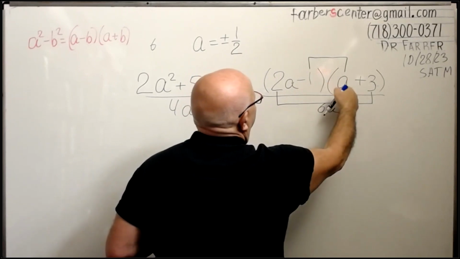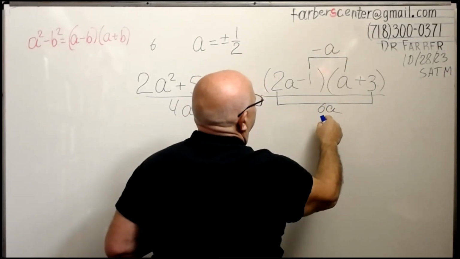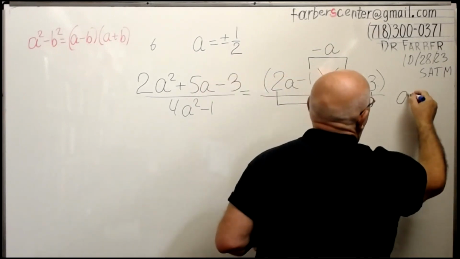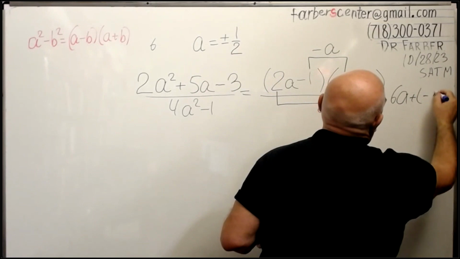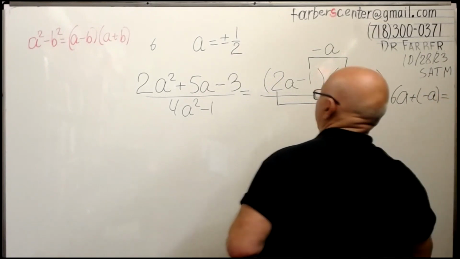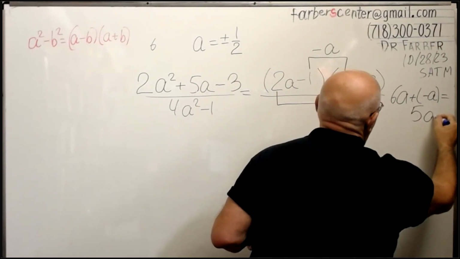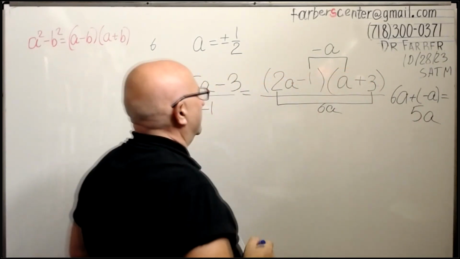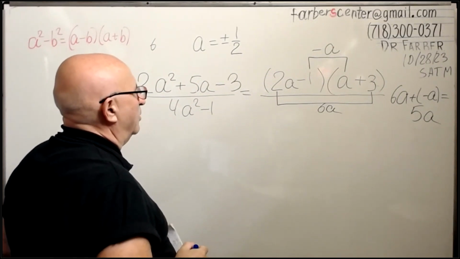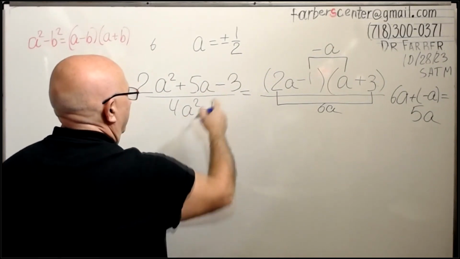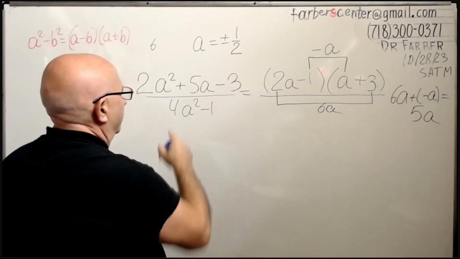Negative 1 times a is negative a. 6a plus negative a would be 5a. That's how we check if you factorized correctly. So we factorized it correctly. The product gives you negative 3, and the sum, if you use this approach, gives you 5.